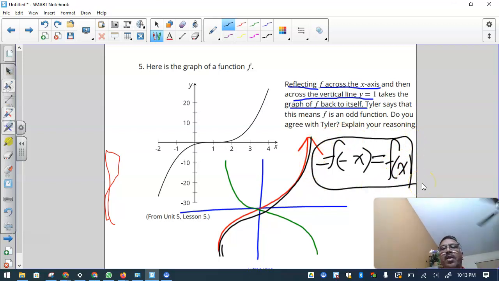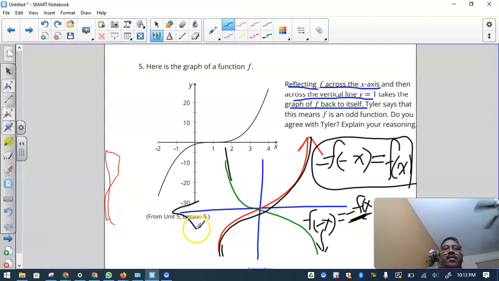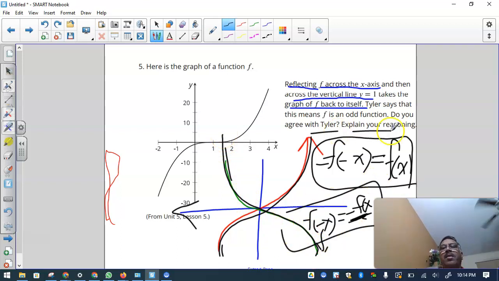Or you can also say f of minus x is minus f of x. If you reflect over the y-axis you get the green one, and if you reflect over the x-axis you go back to the original. So that's another way to say it. So Tyler is wrong, and we don't agree with Tyler, because saying it is an odd function is totally different from the definition.